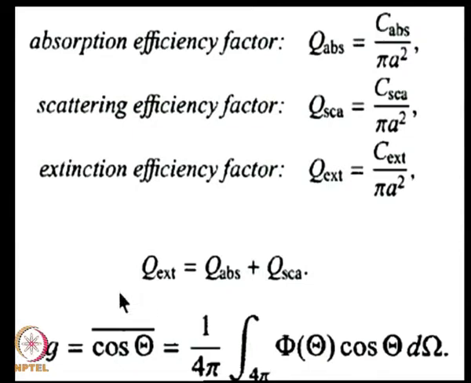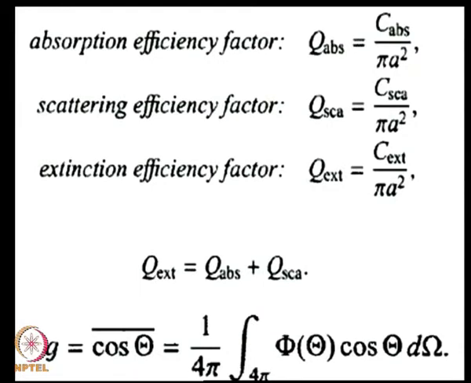So, a mean value of cos theta is defined as 1 over 4 pi, including all 4 pi solid angle, the probability of scattering in a given angle times cos theta d omega.